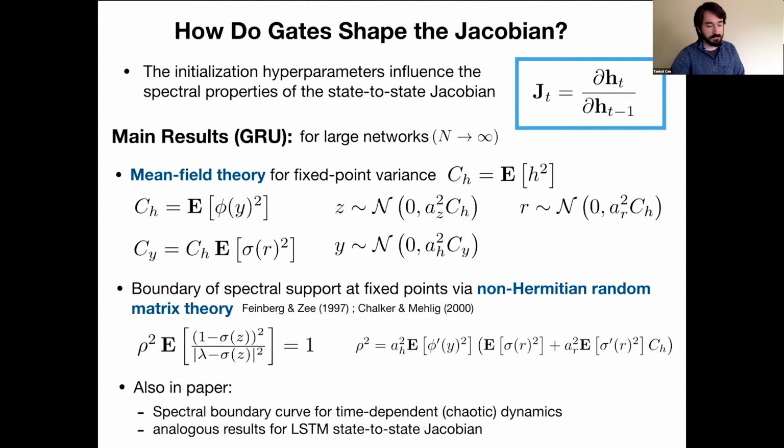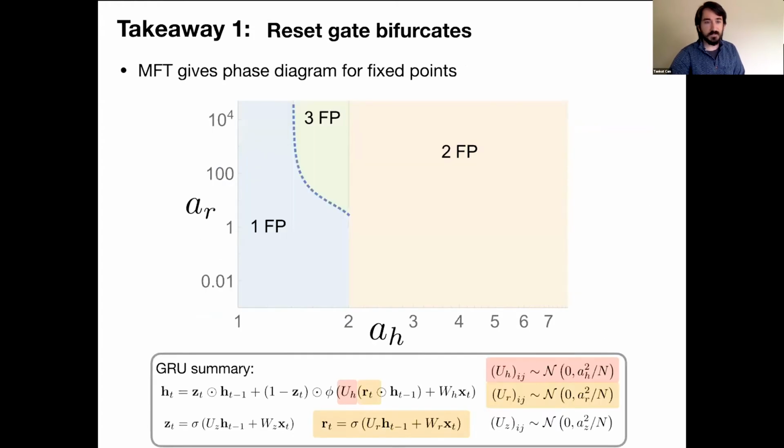Also in the paper, but not in this presentation, are the spectral curve for time-dependent chaotic dynamics, as well as the analogous results for LSTM. Okay, so the first takeaway of our analysis is that the reset gate, in the absence of input, introduces a distinct phase in the GRU dynamical phase diagram. And I'll explain exactly what we mean by that.